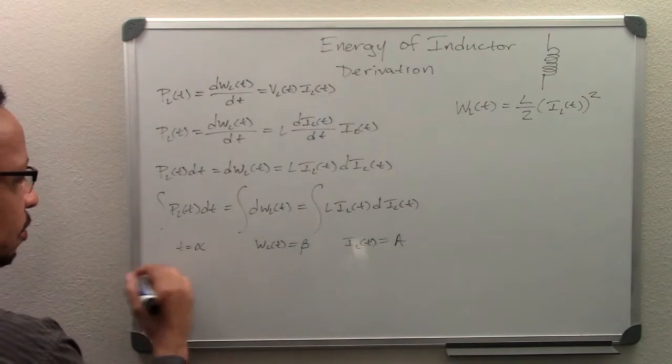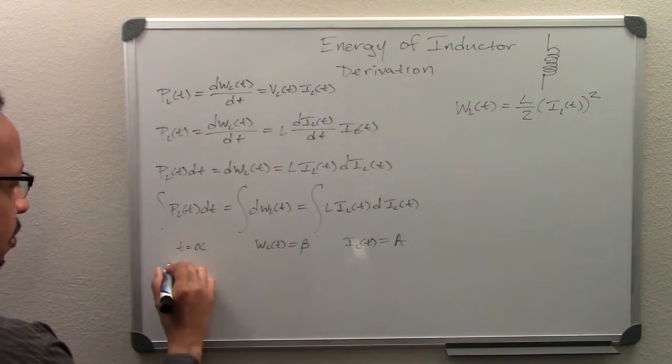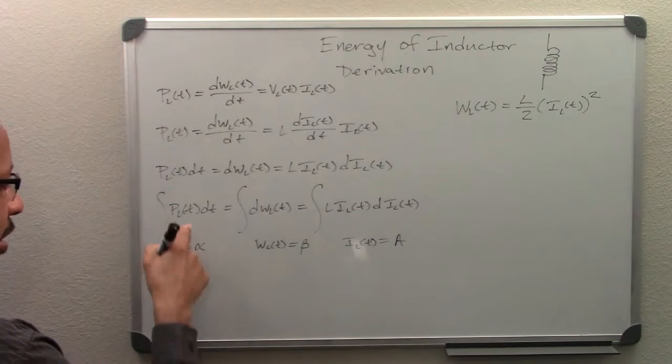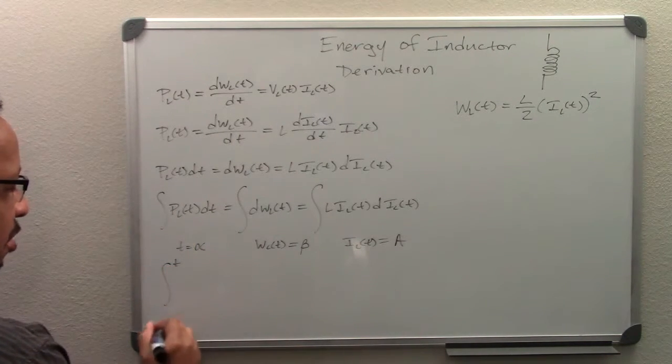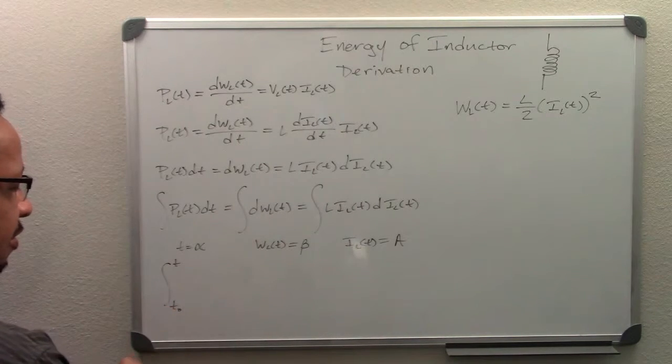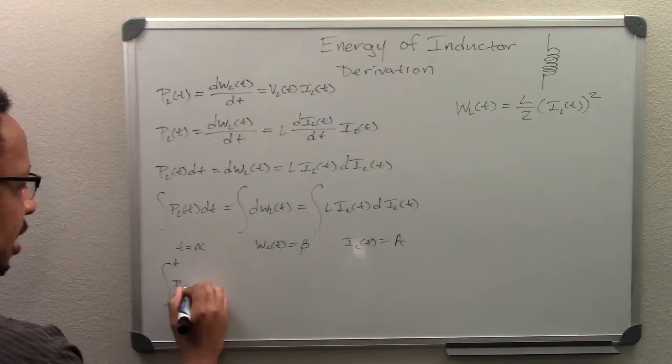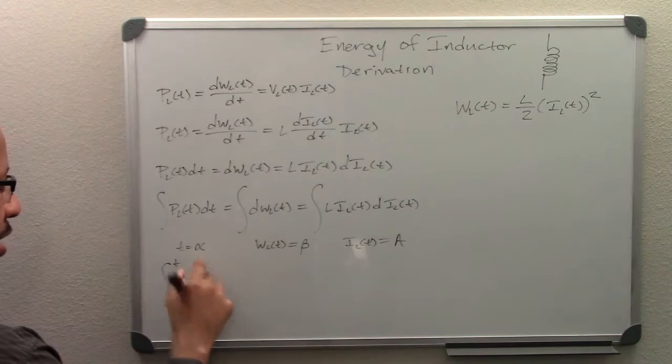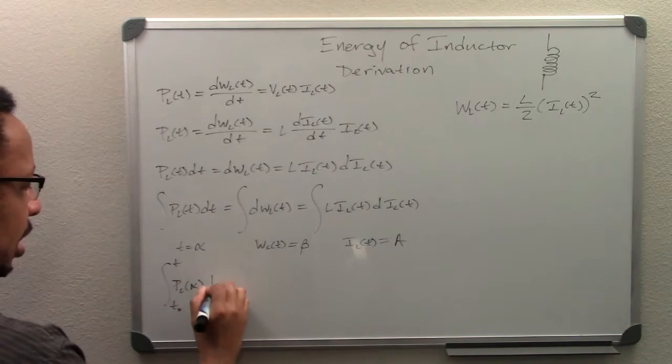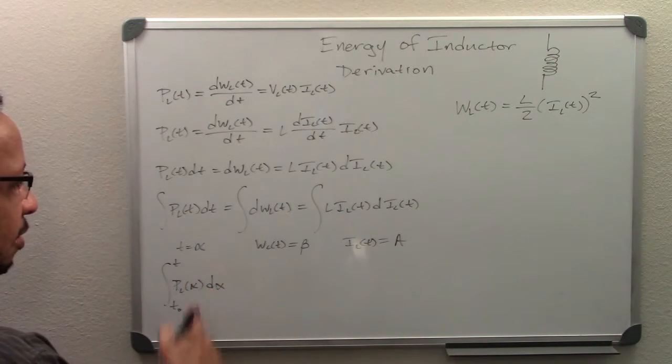And so now we have things freed up so that we can make the upper limit t and the lower limit t sub 0 for p_L, but now that's alpha, and we have d alpha there instead of dt.